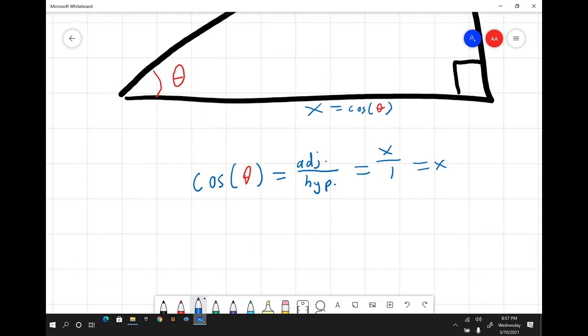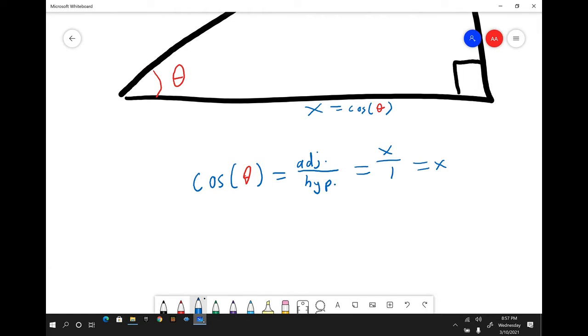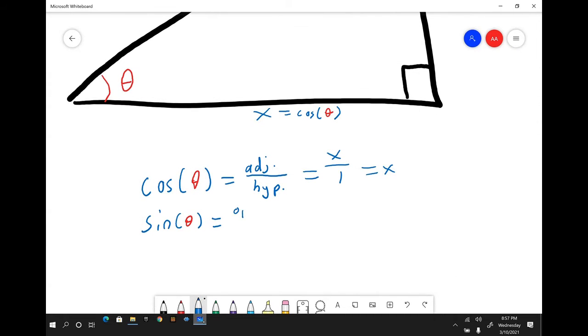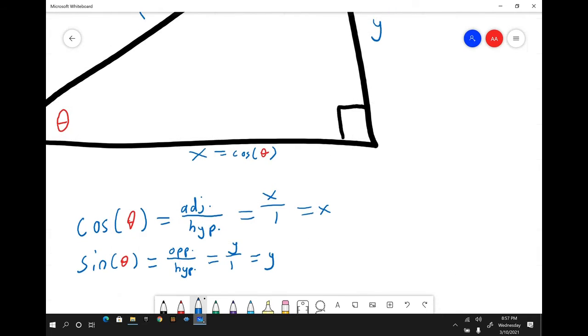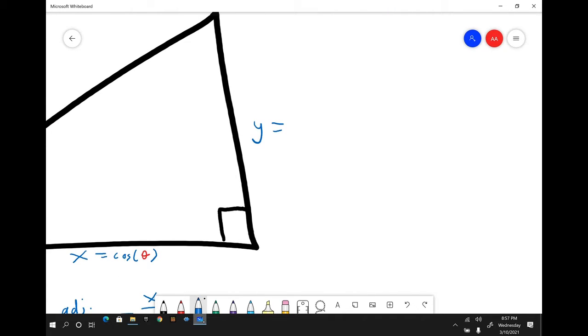And we can also use the same process with the sine of theta for our opposite side length. So we have the sine of theta is equal to the opposite over the hypotenuse, which is equal to y over 1, which is equal to y. So this is just equal to the sine of theta.